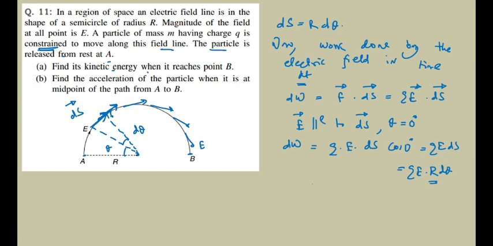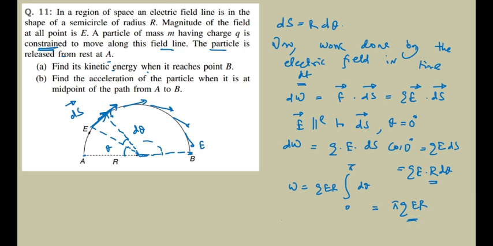So if I integrate the result here, that is qEr integration of d theta from 0 to pi, this angle is 180 degrees, so the angle is 0 to pi. So my answer will be pi qEr. So that is the work done by the electric field.